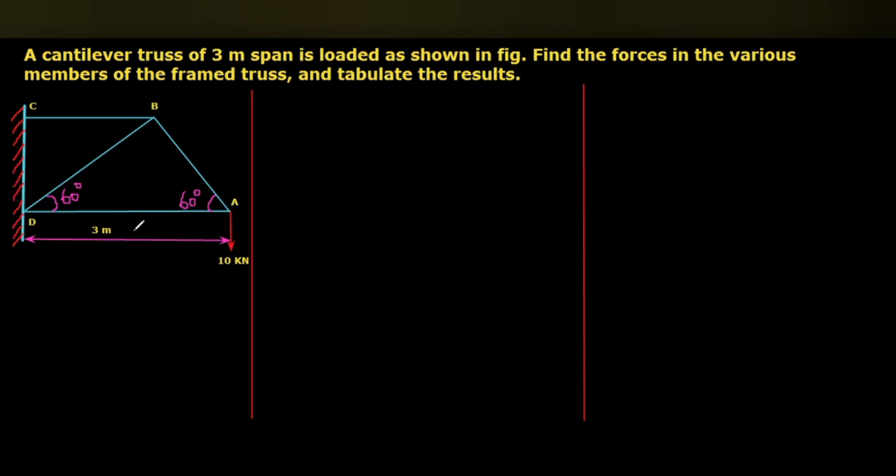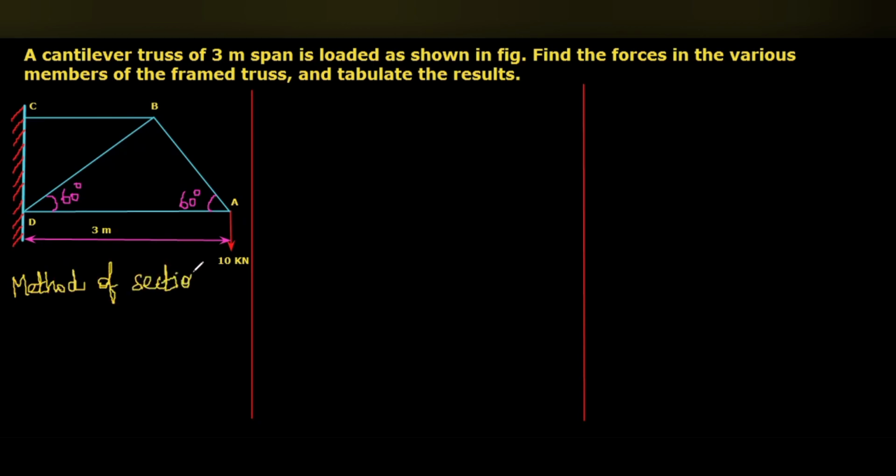And one more thing, in method of sections, among the three equilibrium principles, we are going to use the third one, that is algebraic sum of moments about any point equal to 0.